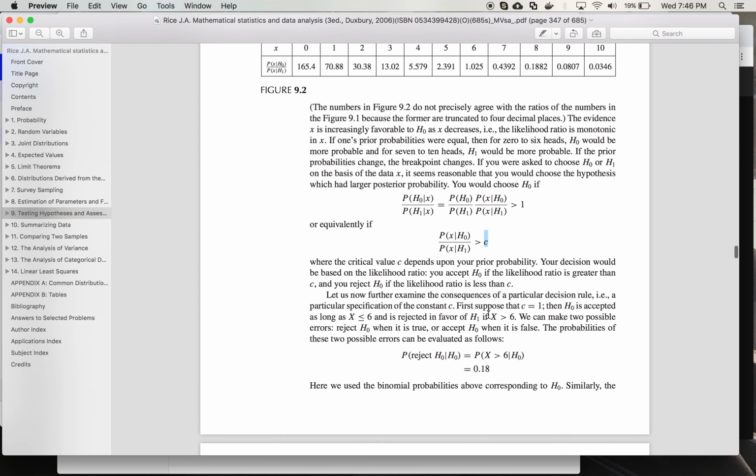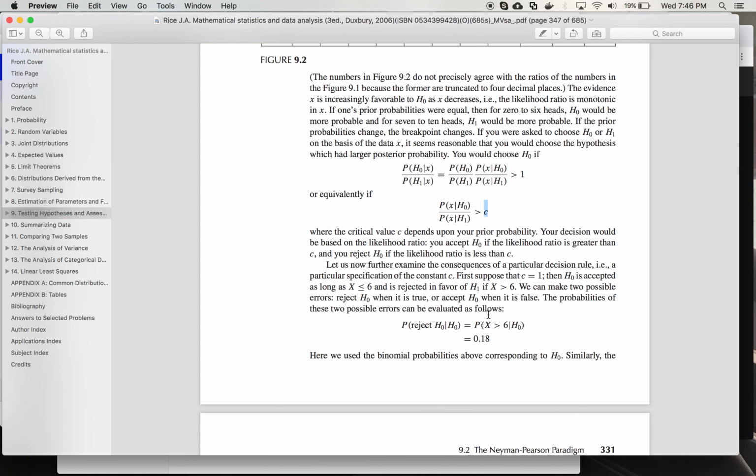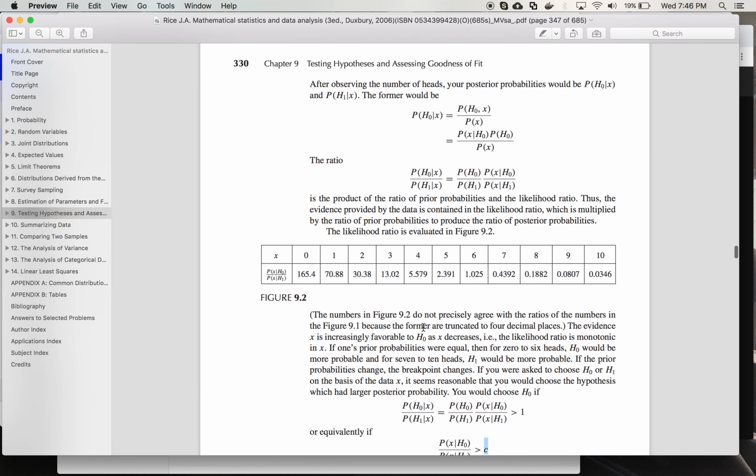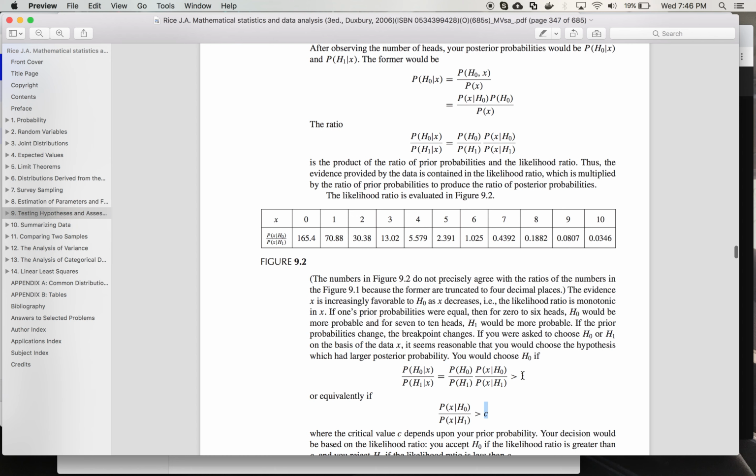In any test, we need to figure out what errors we will obtain. Basically, they are the type 1 error and the type 2 error. To obtain the type 1 error in this case, we look at the probability of h naught getting rejected when it is true. Based on our table, if we take our critical value as 1, considering the prior probabilities of both coins are the same, then above 6, h naught would fail.